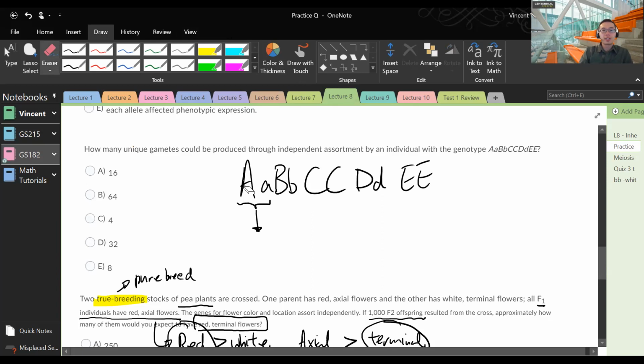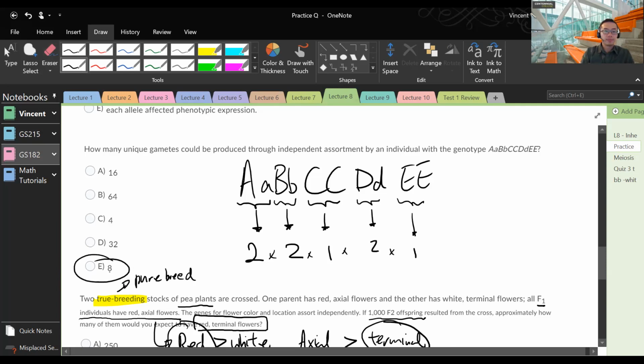You can either pass on the big A or the small a, so that's 2 possibilities. Same thing for this one, either big B or small b. This one is only 1 possibility, because you only have big C. 2 possibilities here, 1 possibility. So if you multiply all of them together, 2 times 2 times 1 times 2 times 1, that's 8.